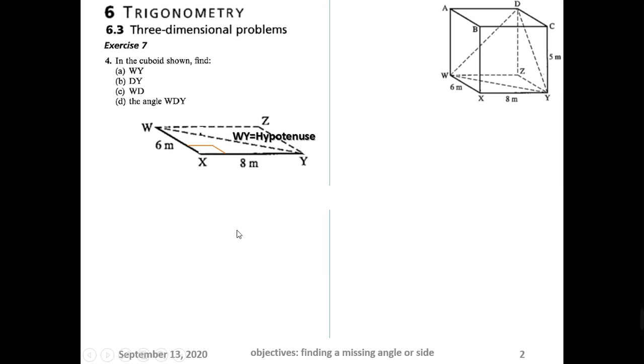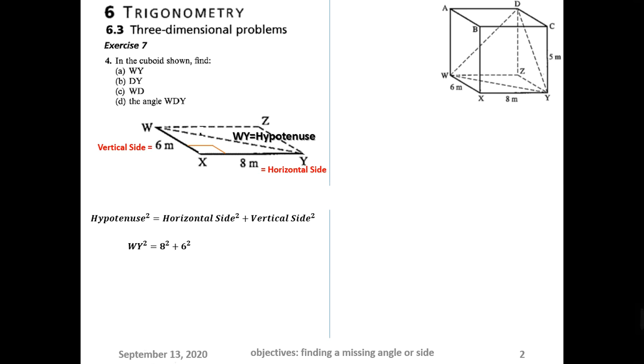Can I apply here the Pythagorean theorem, which states, so this is the horizontal side and this is the vertical side, and the Pythagorean theorem states hypotenuse to the power of 2 is equal to the horizontal side to the power of 2 plus the vertical side to the power of 2.